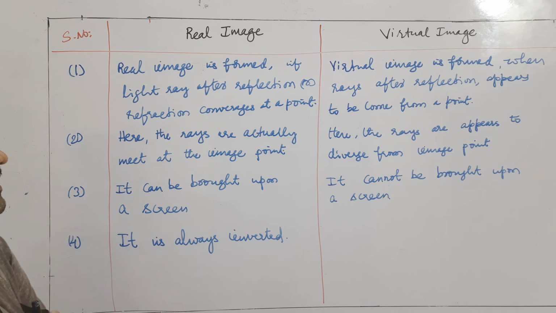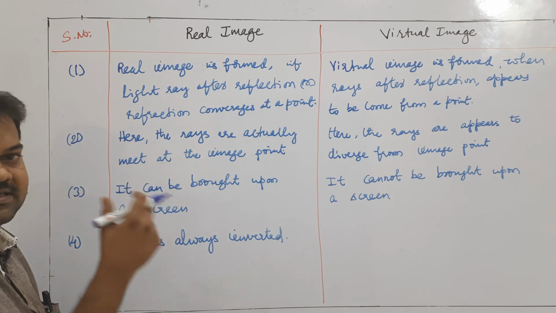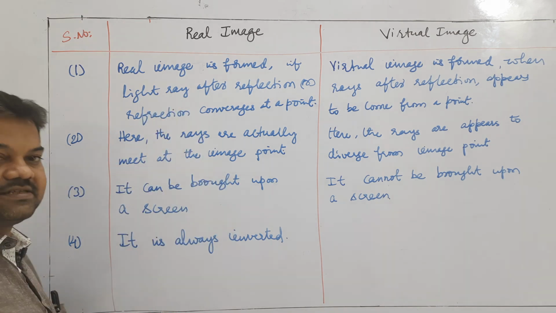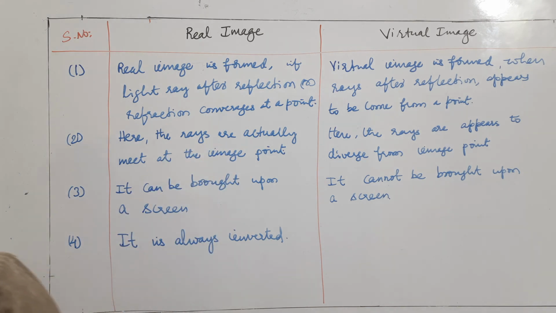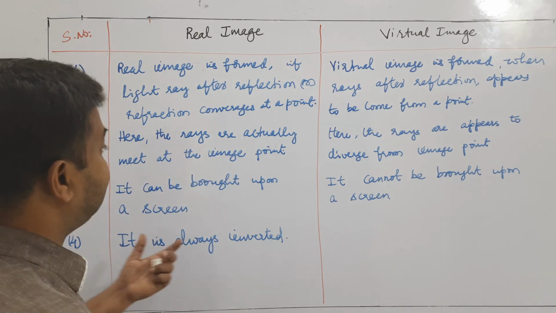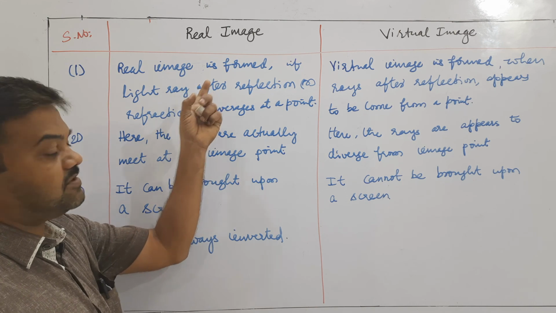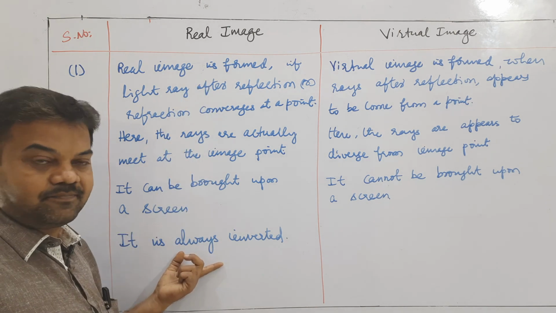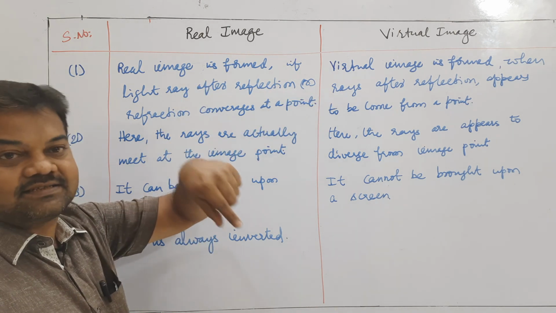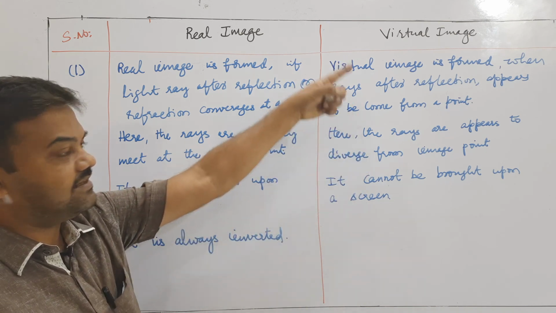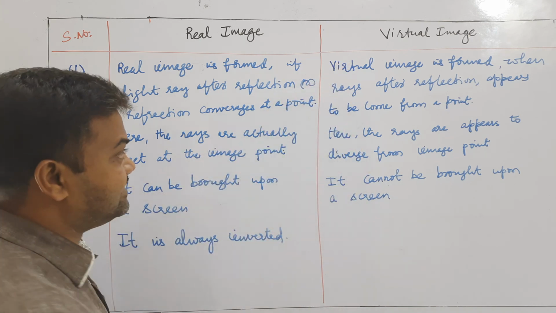The last case, in the case of a concave mirror, we have seen in the sixth case, it is an erect image. But almost in the case of a real image, it must be always inverted only. Only virtual images are erect. In the sixth case what we explained there, that is an erect image.